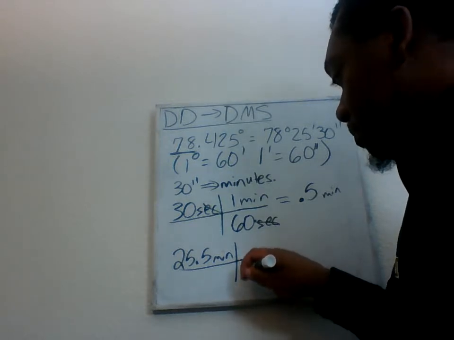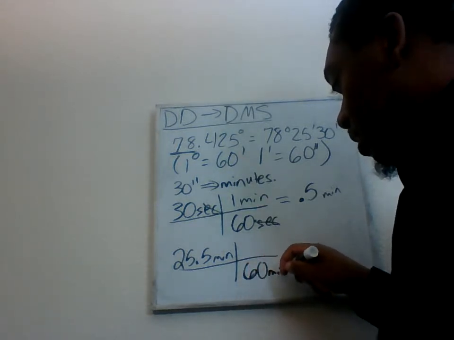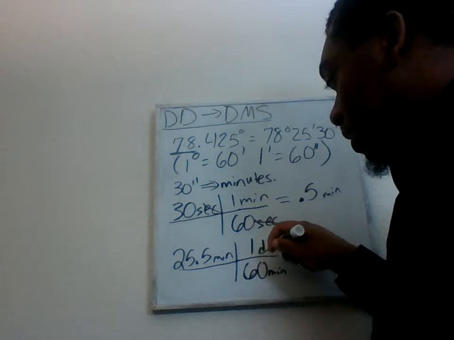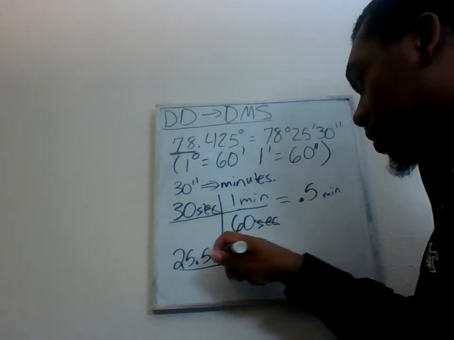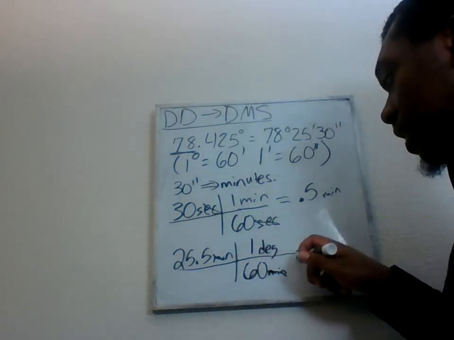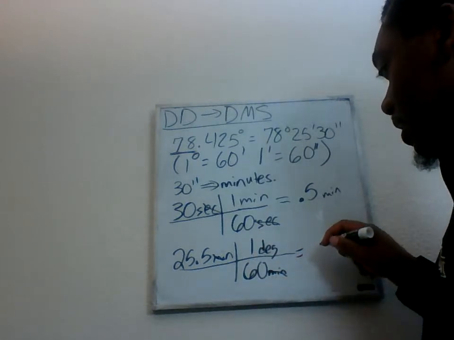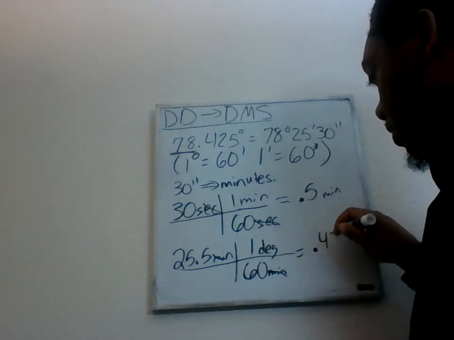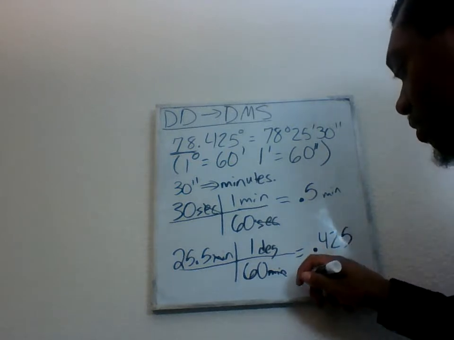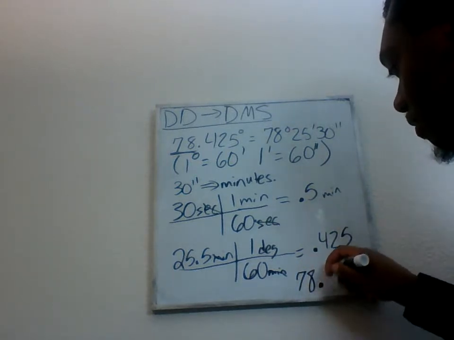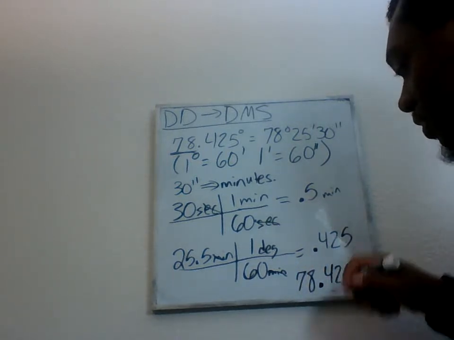Well, I know there are 60 minutes in 1 degree. Well, that goes away. And when I divide those two numbers, I end up with 0.425. So in total, that would be 78.425 degrees.